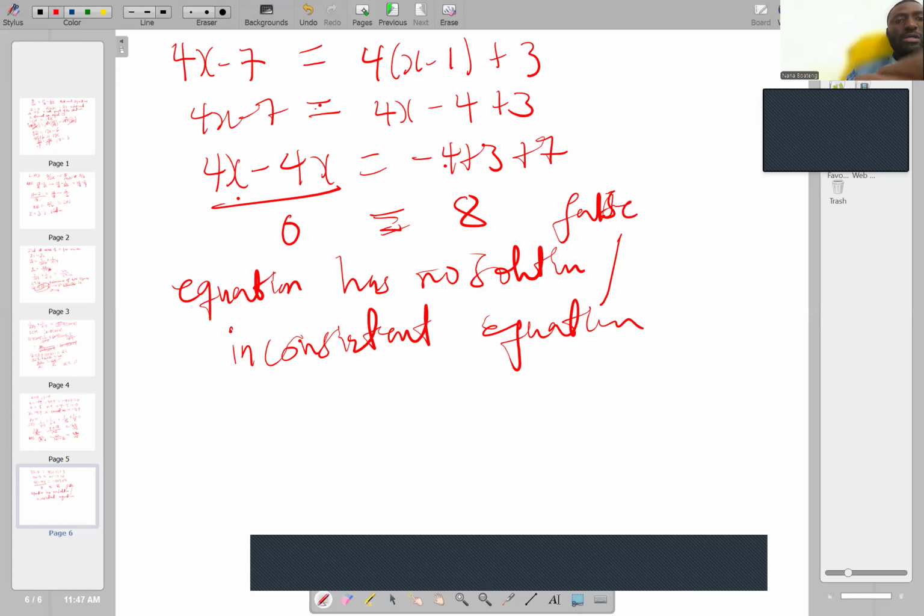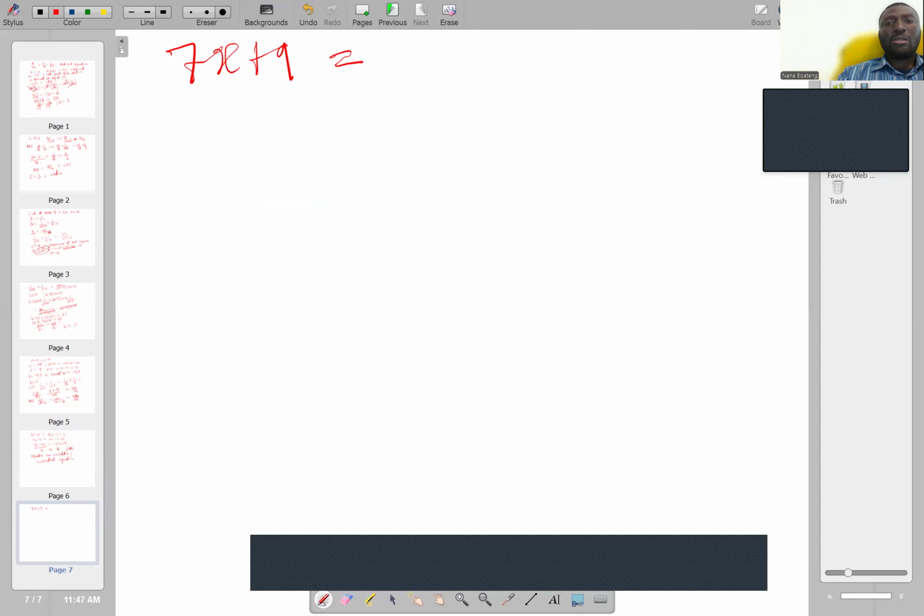For example, 7x plus 9 is equal to 9 times x plus 1 minus 2x. So let's try to solve this and determine whether the solution to this equation is an identity or inconsistent.